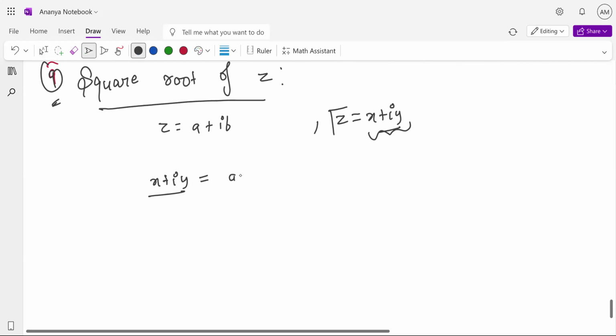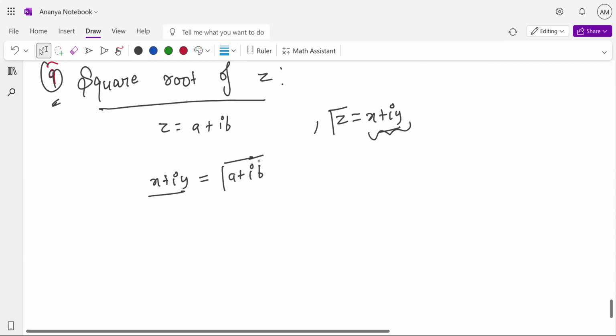Let's square both sides. If you square both sides, x plus iy, whole squared, equals the square of the other side.